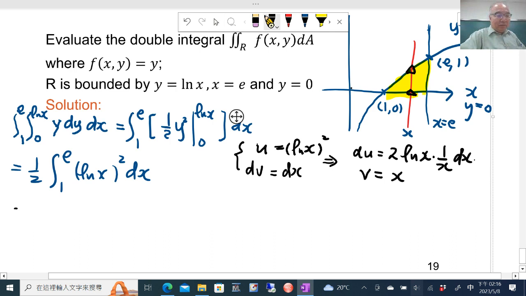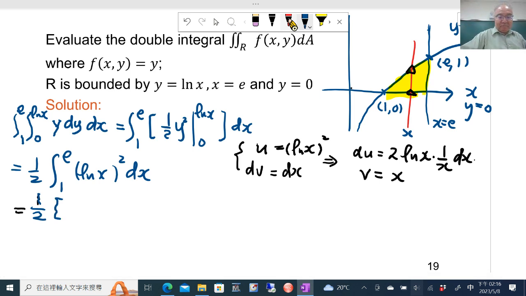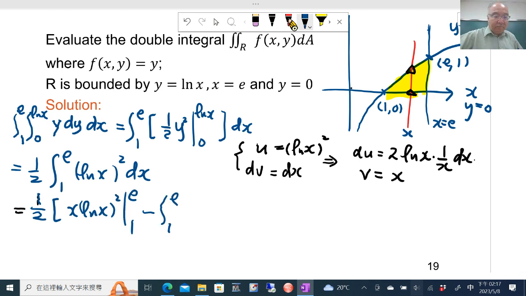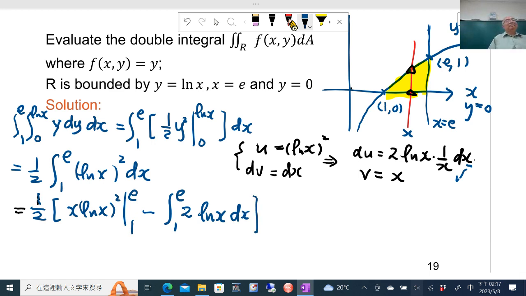So according to integral by parts, I should have 1/2 of uv, x times ln x square from 1 to e, minus the integration of v du. So we have 2 times ln x dx, right?